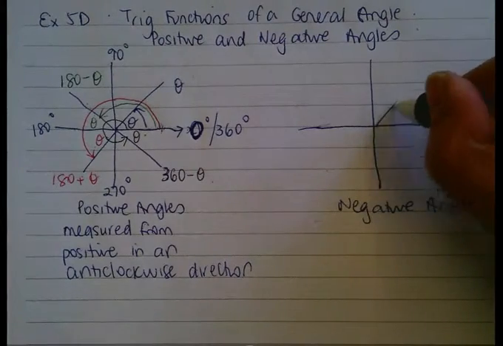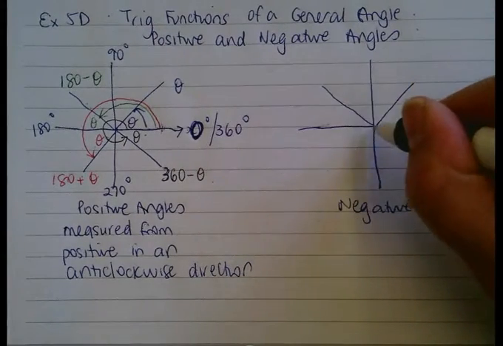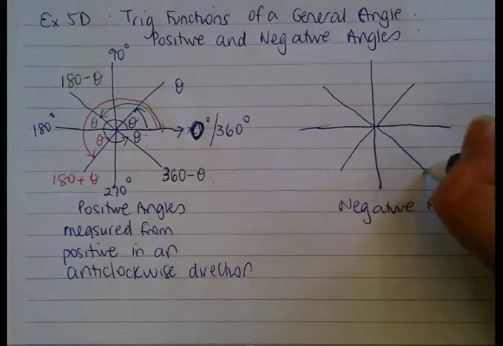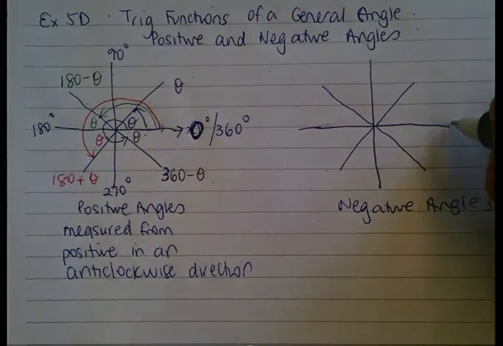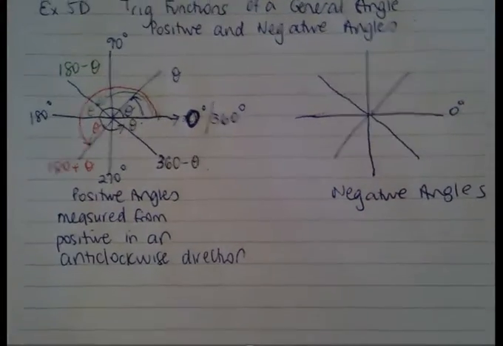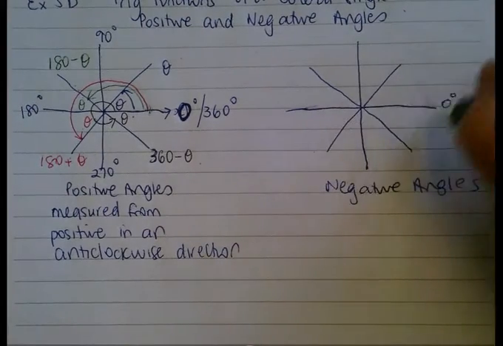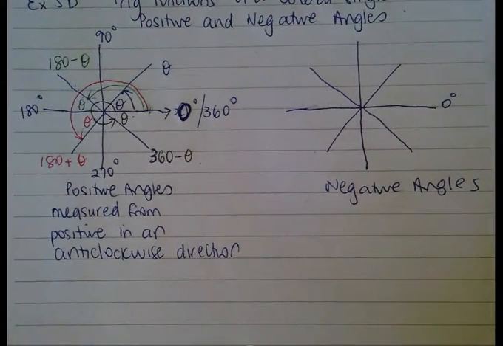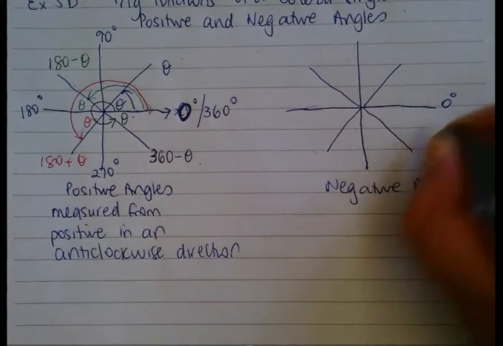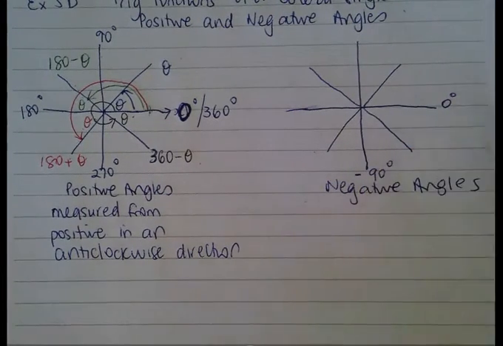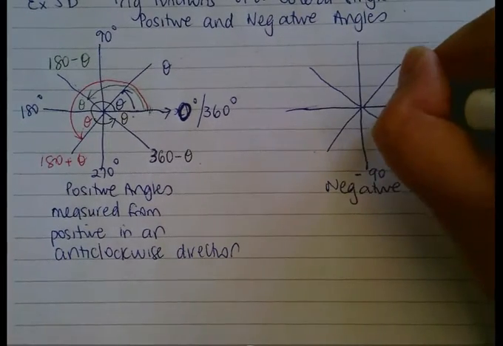So I'm going to go 1, 2, 3, 4. We've got 0. If I'm not traveling anti-clockwise anymore, I have to travel clockwise. So this is called negative 90 when I travel this way. So I've got 0, negative 90.